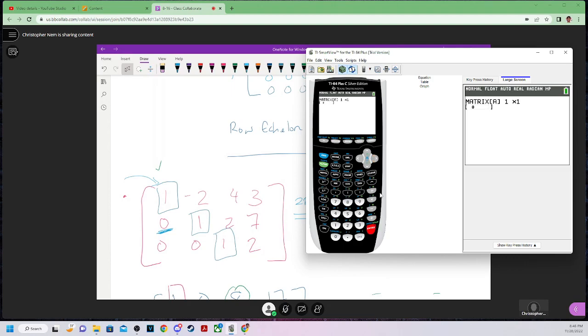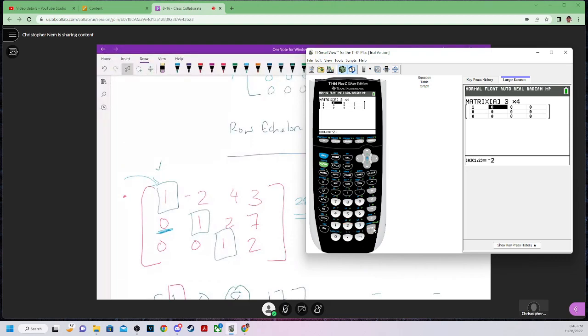Now you need to tell it what size your matrix is. Remember, your size is based off your rows and your columns. So this right here is 3 rows by 4 columns. This is a 3 by 4. So you're going to type in 3, and then go over here and type in 4. Automatically, it'll construct a 3 by 4 matrix for you. Now put in your values. 1, enter. Now if you put in negative values, make sure you click the negative sign instead of subtract.